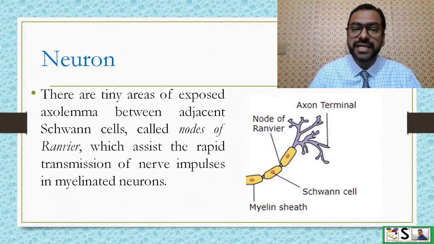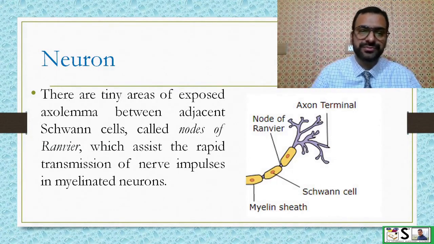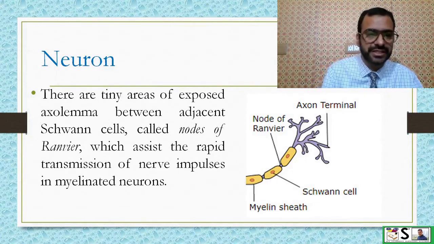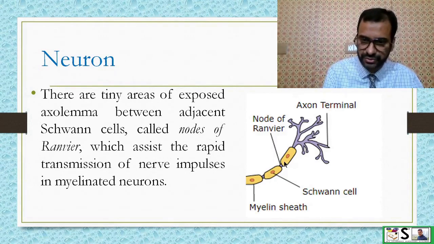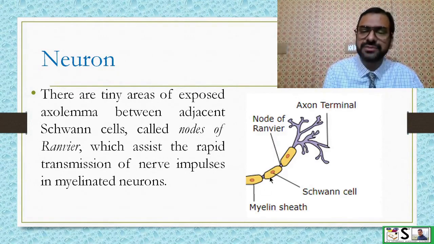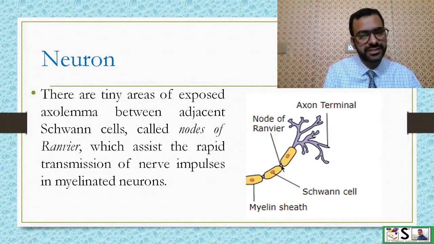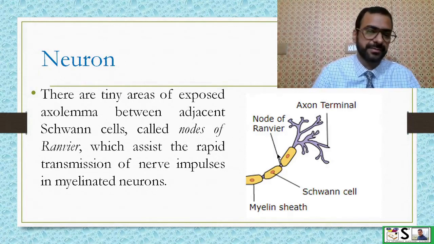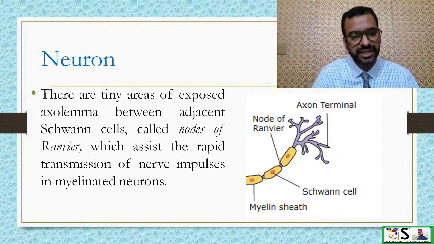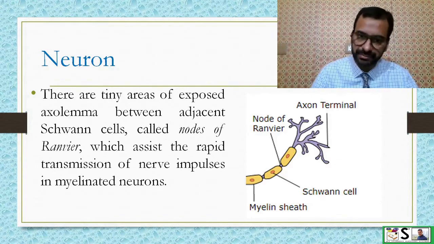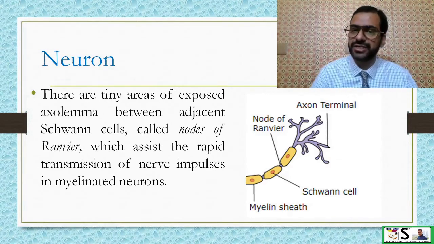There are tiny exposed areas of axolemma between adjacent Schwann cells known as nodes of Ranvier. So these are Schwann cells and this is the exposed area of the axon. This is known as the node of Ranvier, which assists the rapid transmission of nerve impulses in myelinated neurons.